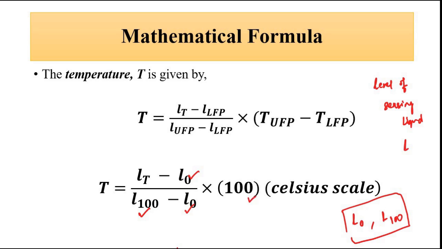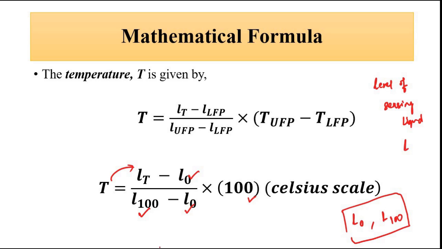So the temperature reading is directly dependent on this LT, which we get when we put the thermometer in contact with that particular unknown temperature. So this is the basic principle of liquid in glass thermometers, and we'll be using this concept to solve a lot of numericals. That's why this formula is very important.